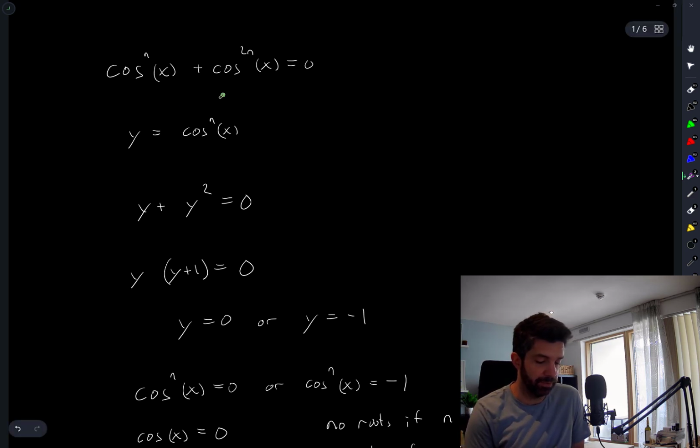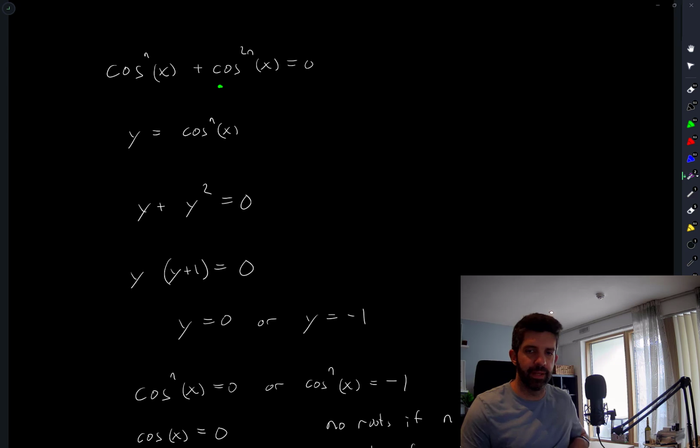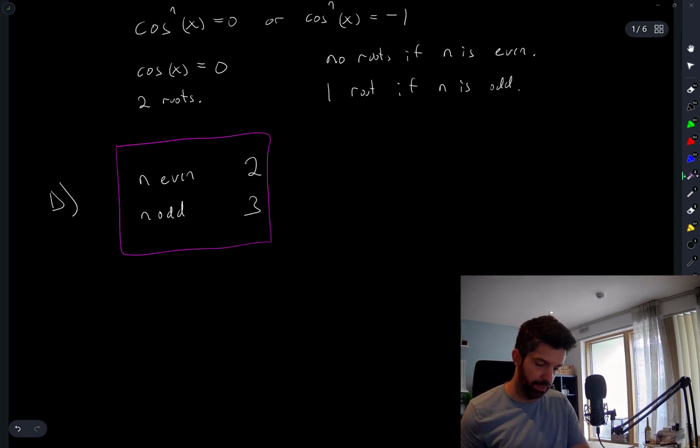Maybe you could play around with replacing this with cos² x to the power of n, and maybe there's something you can do there, but I think that's likely to turn into a little bit of a mess. So this ended up being a pretty straightforward way of solving the question.